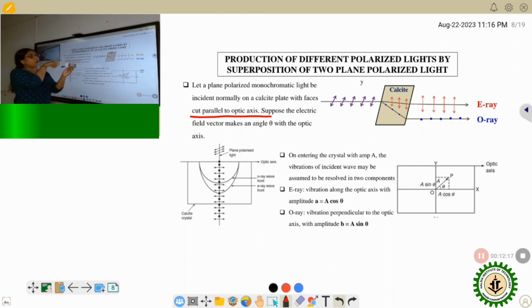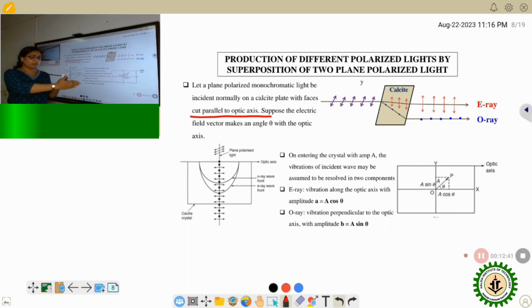So optic axis and incident light are mutually perpendicular, as you can see from this picture. The light falls on a surface where the surface contains the optic axis and light is moving along the perpendicular direction of the optic axis. So what will happen?